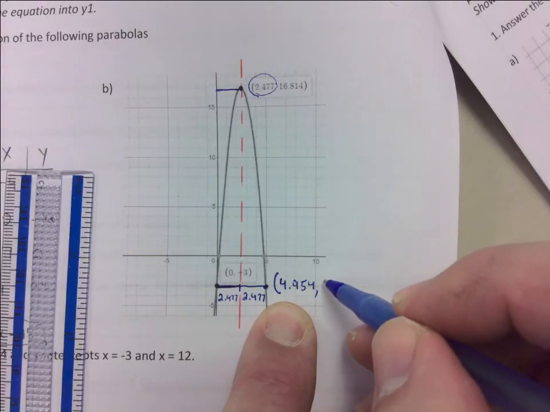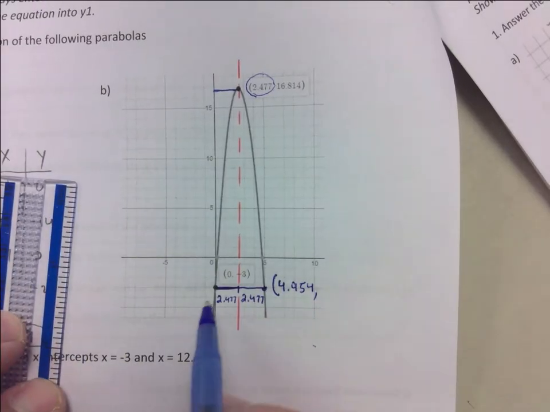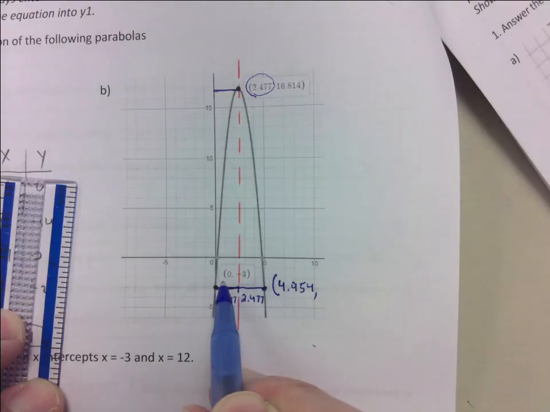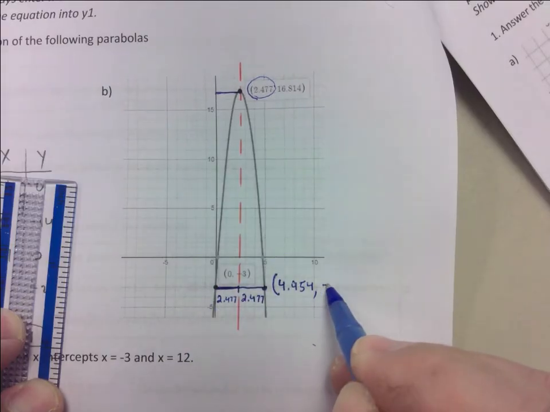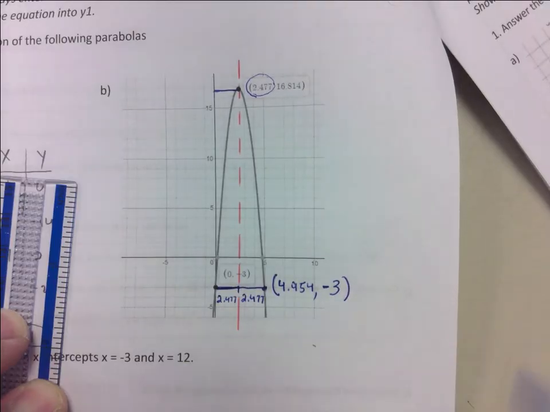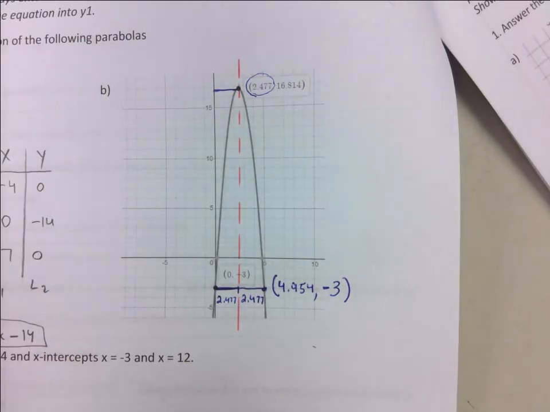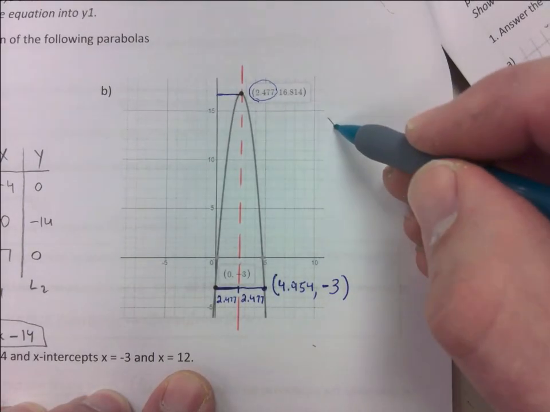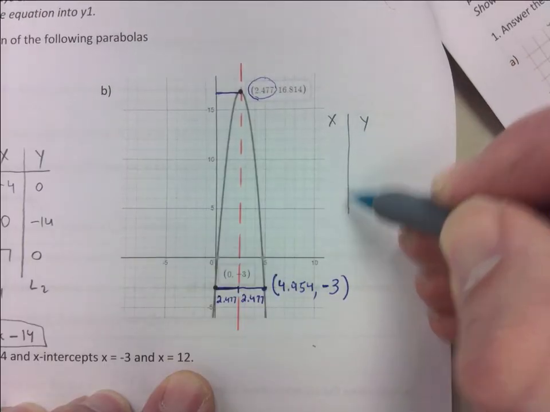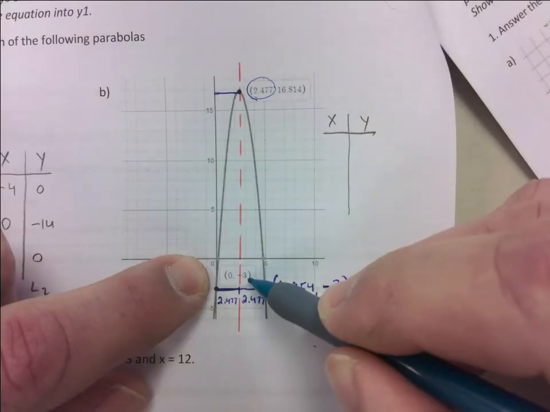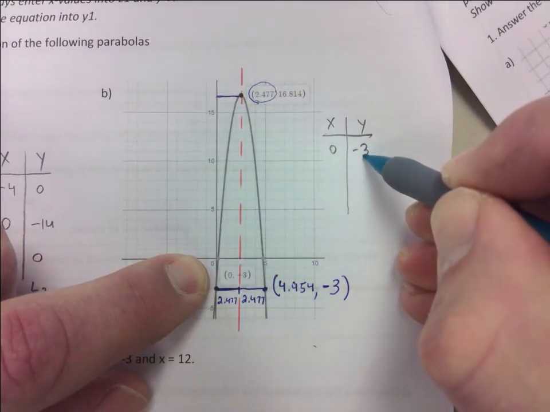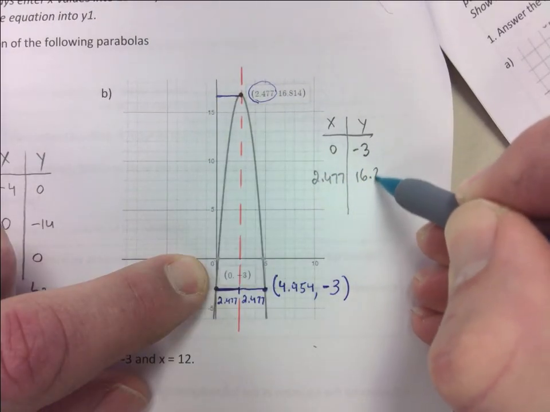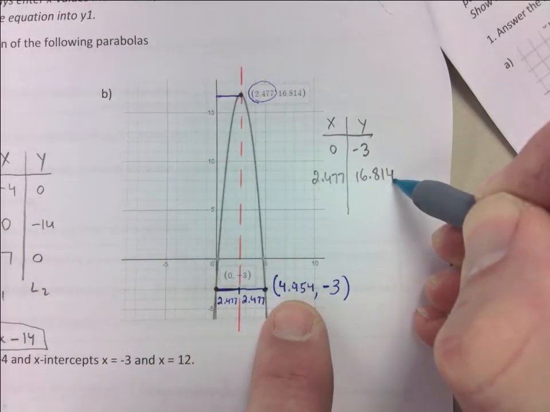And what is the y value here? We actually know this exactly. If this is -1, oh, 0, -3, sorry. This is -3, so we would be at -3 here also. So what are my 3 points here? We have 0, -3, 2.477, 16.814, and this one that I just found.